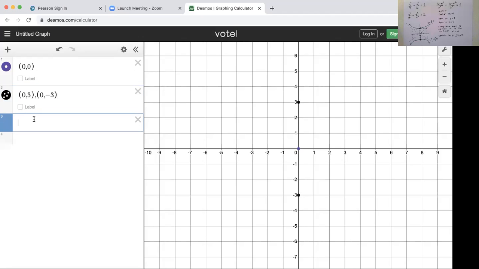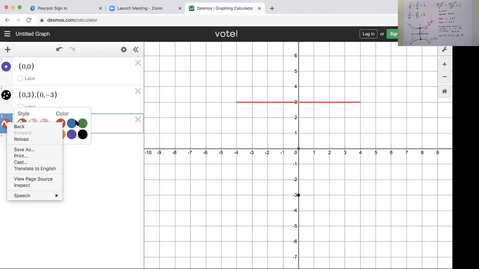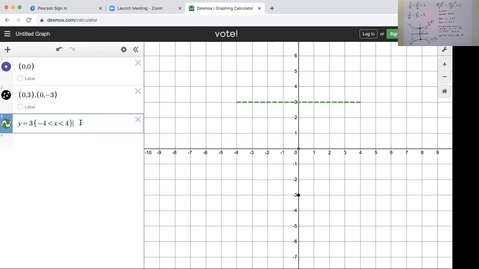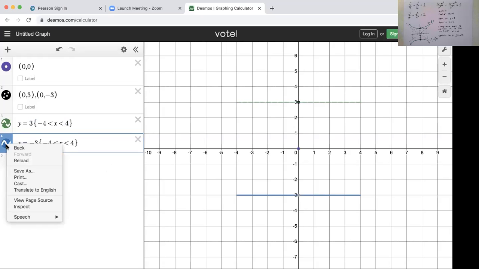Let me quickly draw that little box for you if I can. y equals 3 from negative 4 to 4. So there's the top part of that box. And then we'll go to y equals negative 3 from negative 4 to 4.